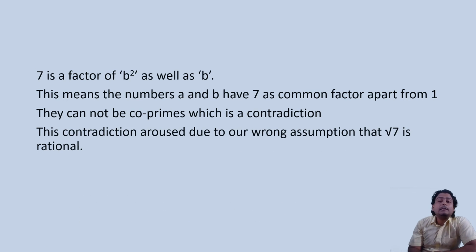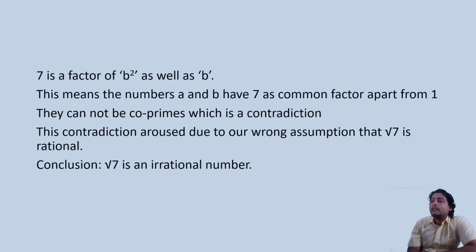This contradiction is there because our assumption that root 7 is rational was wrong. Since we have assumed a wrong statement that root 7 is rational, therefore this contradiction is coming. Hence, we conclude here that root 7 is not rational, it is an irrational number. So our proof ends here, right?